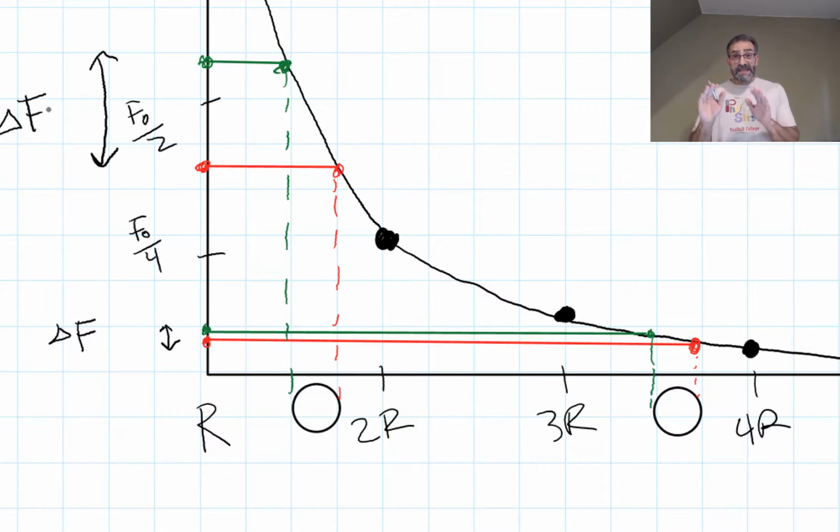The change in force is much bigger in this case, even if the total force from this object on the Earth is less, like it is with the moon.